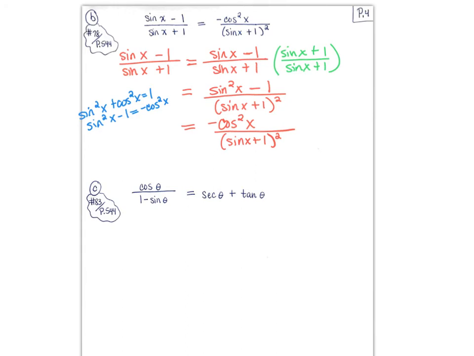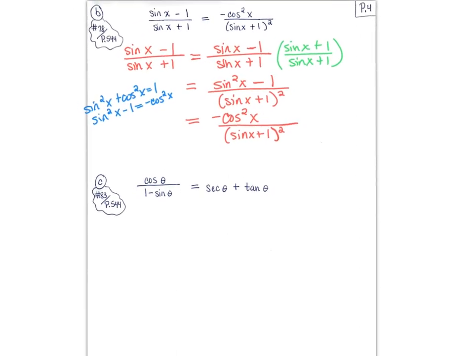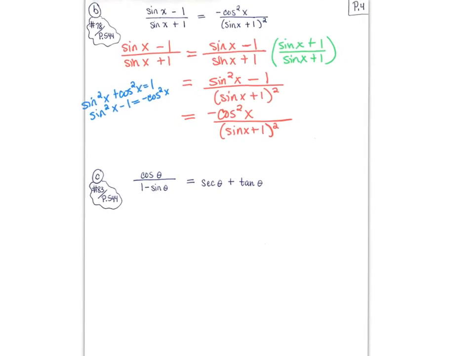Okay, you want to start there? Yes. Okay, so let's start with the right hand side. You want to start with this side and prove it equals this side. So, what do we write down first?